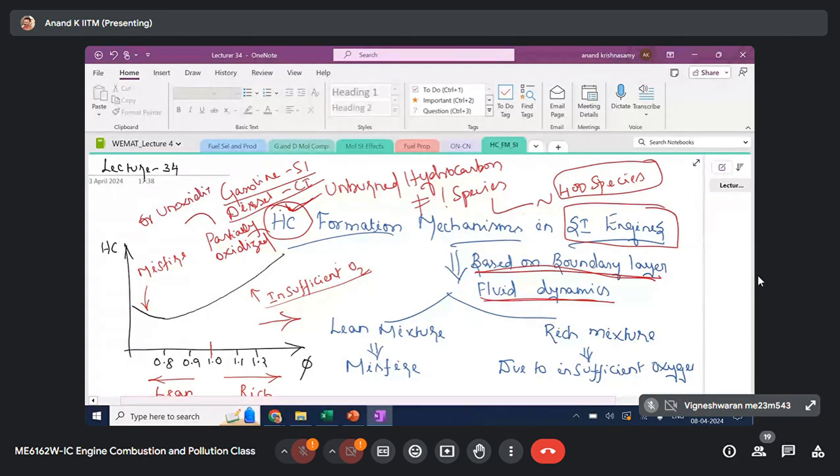Unoxidized in the sense completely misses the oxidation or combustion. It's through misfire. So either it is partially oxidized or unoxidized fuel. That is what is a hydrocarbon.